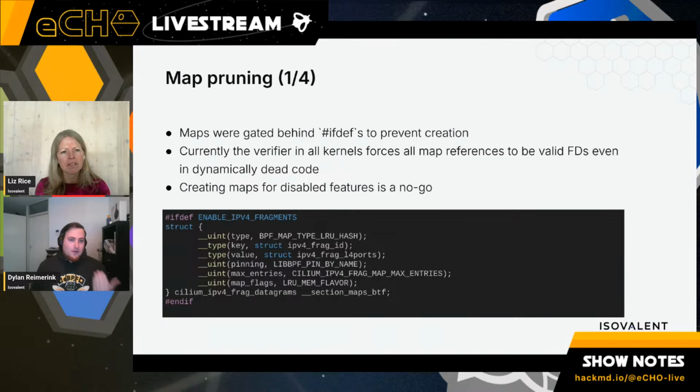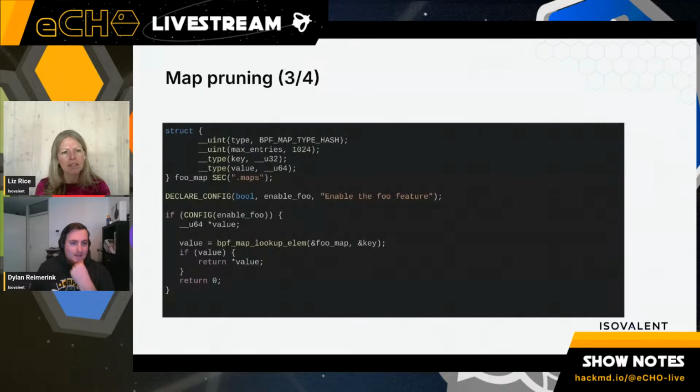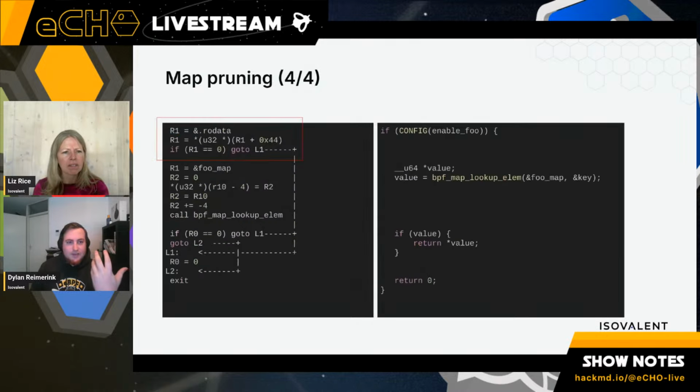The old school way of writing this would be an ifdef, but in a new way we want to have our map without anything around it, and then depending on how we use it, we want to eliminate it. Now, it turns out that you can actually recognize our own load time configuration.